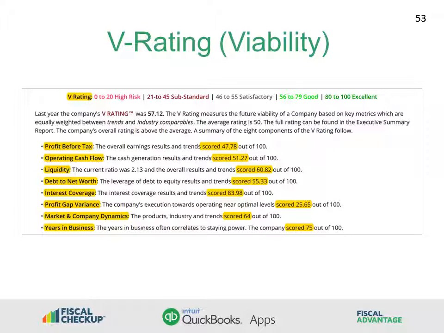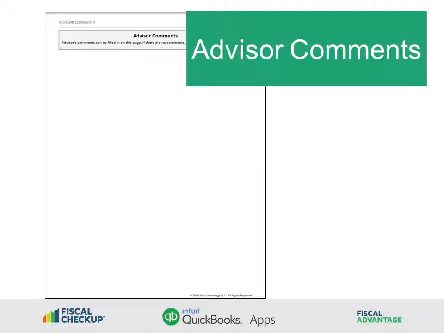A more in-depth explanation of the V rating can be found in the video that describes the contents of the executive summary. For each report, there is the ability for the user or business advisor to add comments. If any were entered, they're listed on the final page of the report.